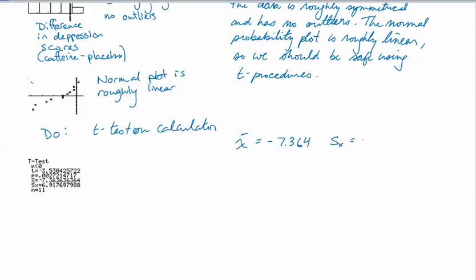Standard deviation for the sample is 6.918. Our test statistic is t equals negative 3.530, and our p-value is 0.0027.